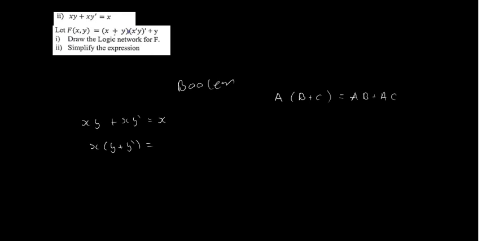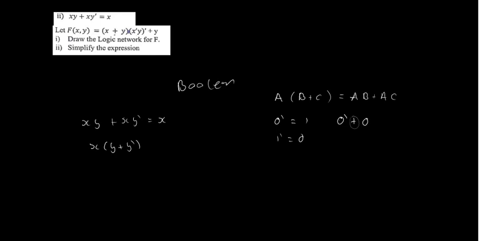Which is equal to, now, before we move on from here, another rule to explain: what is the complement? If we have 0 complement, this gives us 1. And if we have 1 complement, this gives us a 0, right? Meaning, if you have 0 complement plus 0, this plus operator represents the OR operation, and the multiplication represents the AND operation.